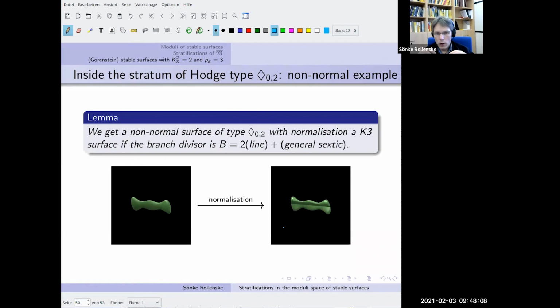Well, if you look at the pre-image of the line, of this double line, which we have in X, you can see it on the right, then the pre-image in the K3 surface is a genus 2 curve. And the Hodge structure you see is exactly the Hodge structure of the genus 2 curve in the K3 surface. So it's very concrete.